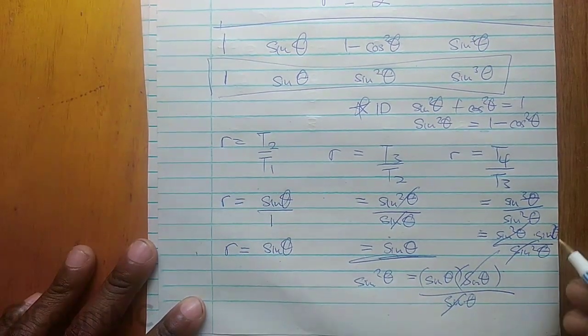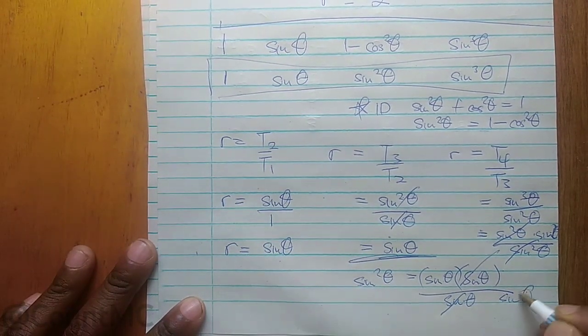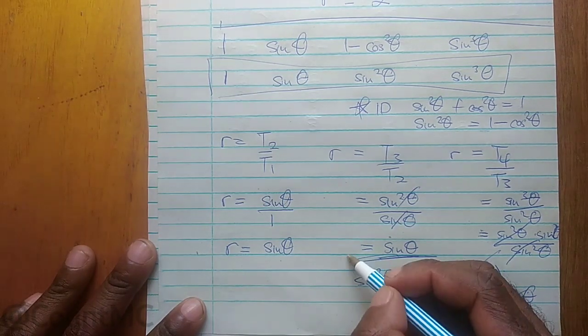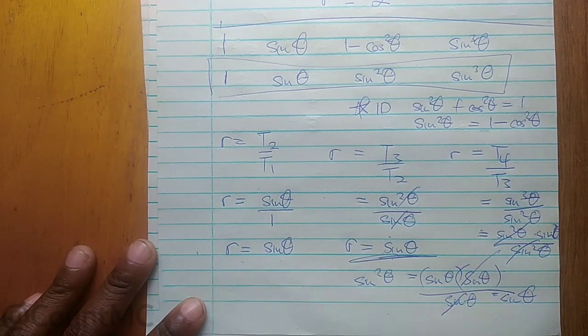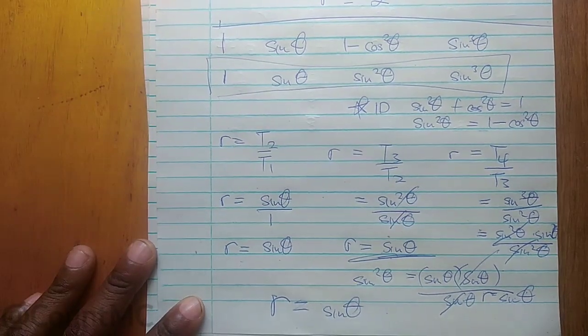Okay, so the sine squared will cancel and you are left only with sine theta. So r is equal to sine theta throughout. So you write r is equal to sine theta.